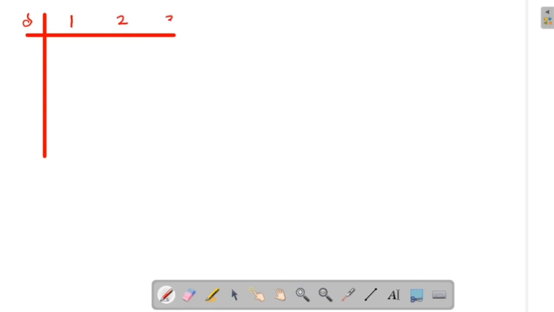Okay, next we can draw the transition table of the NFA. Okay, so delta, input alphabets are 1, 2 and 3. States are A, B and C. A is the initial state.